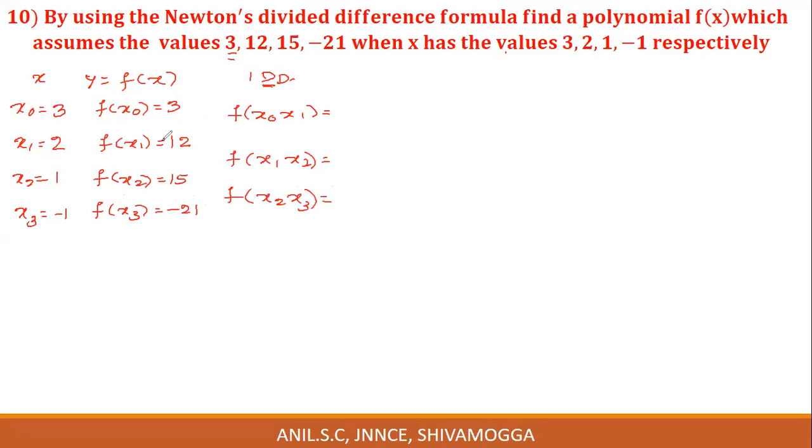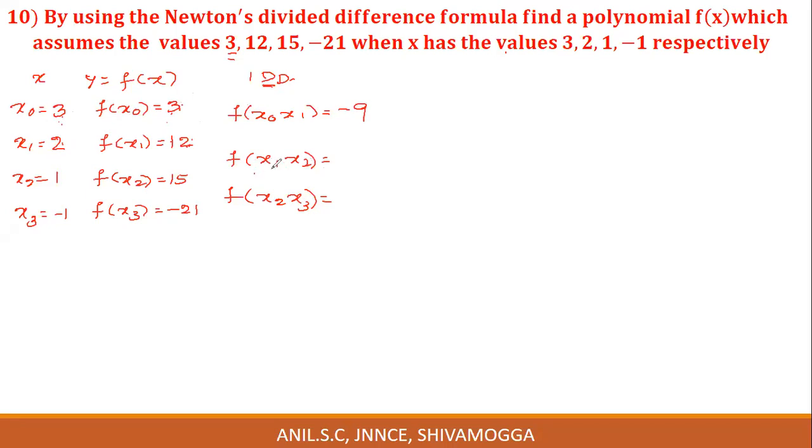Divided difference of these two ordinates is 12 minus 3 divided by x1 minus x naught, that is 2 minus 3. 2 minus 3 is minus 1, 12 minus 3 is 9, 9 divided by minus 1 is minus 9.